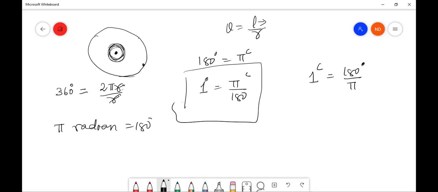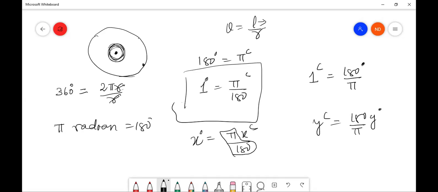Whenever you have to convert degree to radian, x degree equals pi x by 180 radian, and y radian equals 180 by pi into y degree. To convert degree to radian, we multiply with pi upon 180. Similarly, to convert radian to degree, we multiply by 180 by pi. This is clear.